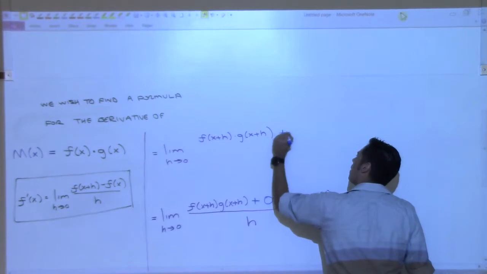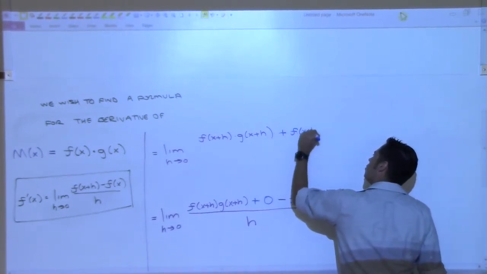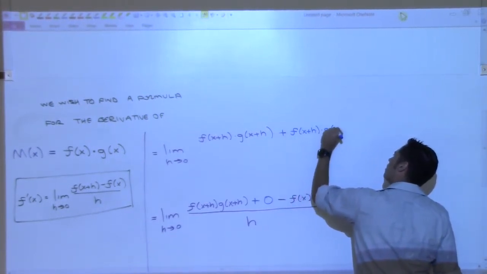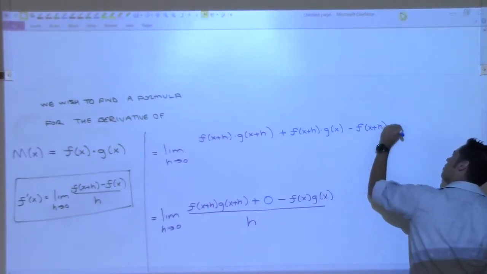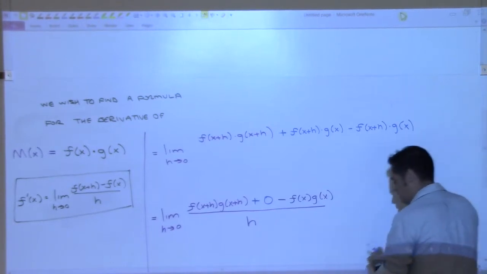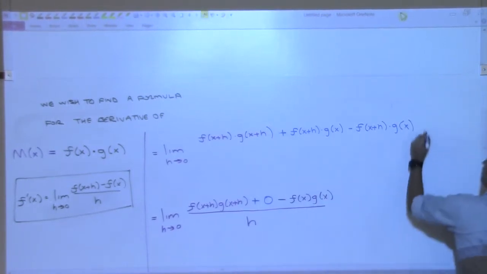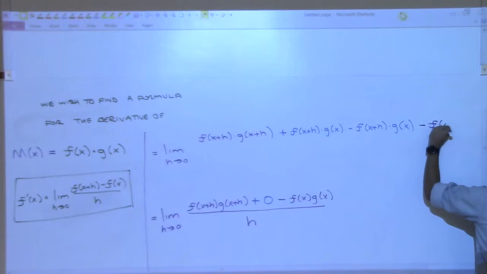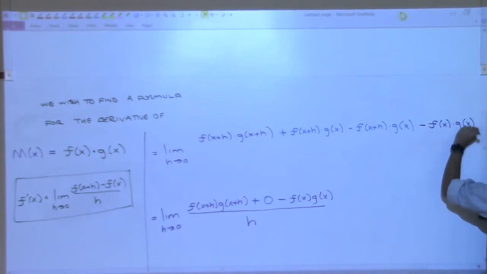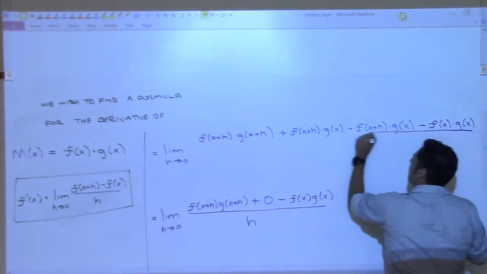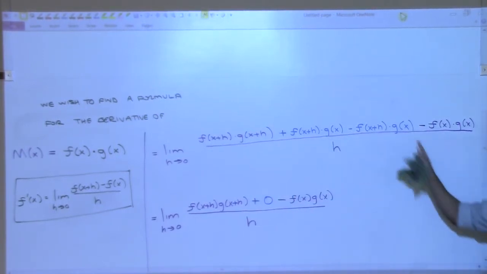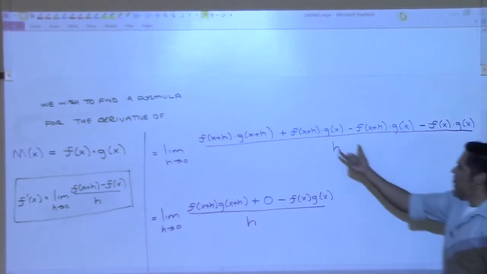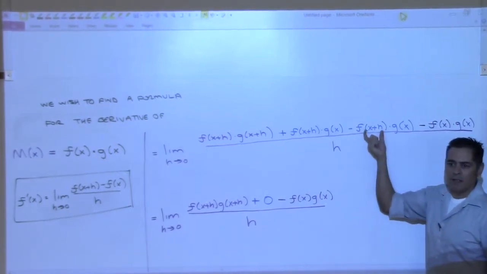Plus f of x plus h times g of x minus f of x plus h times g of x. Hold on, just let me keep writing. Minus f of x times g of x. Now everything in blue is still 0, isn't it? Yes. I mean, this is something I've added and taken away.